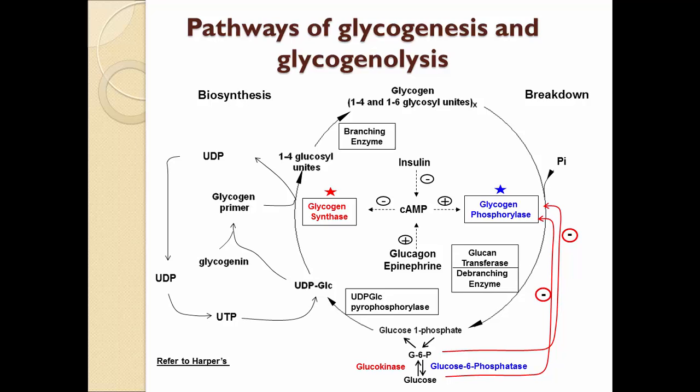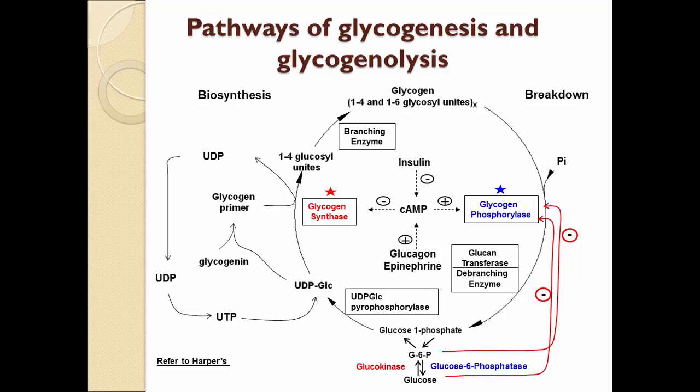And the other thing I just want to remind you, if you still remember what we mentioned before, glucose 6-phosphate is a strong inhibitor of glycogen phosphorylase. Remember, when we talked about the glucose 6-phosphatase defect, the patient had hypoglycemia and high lactate levels, but actually had glycogen accumulation, right?